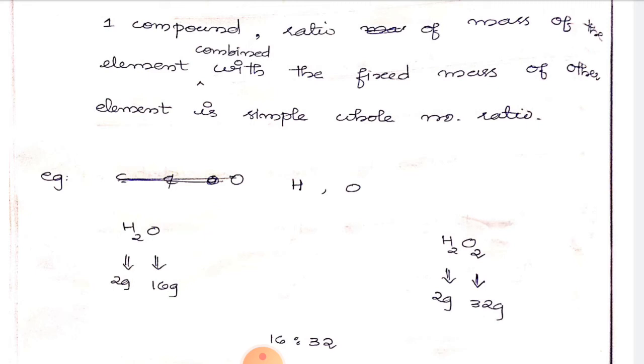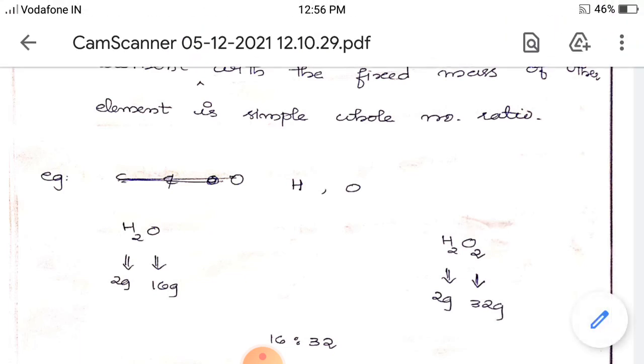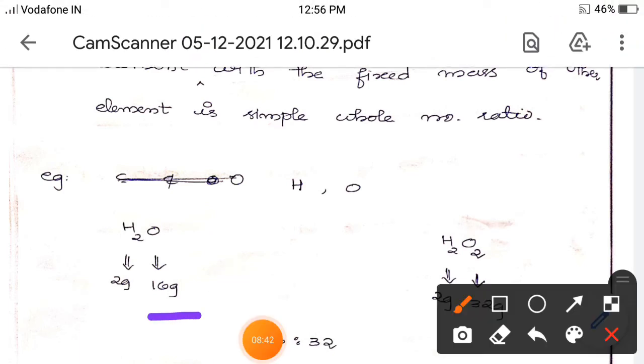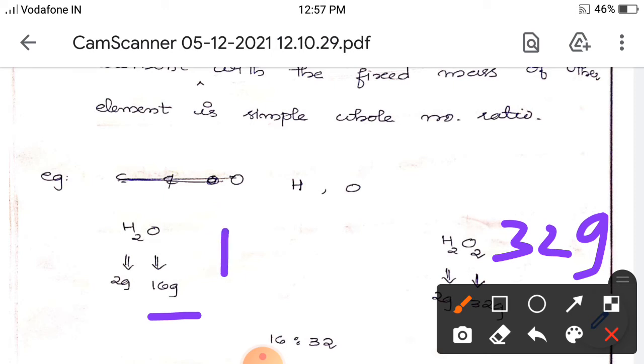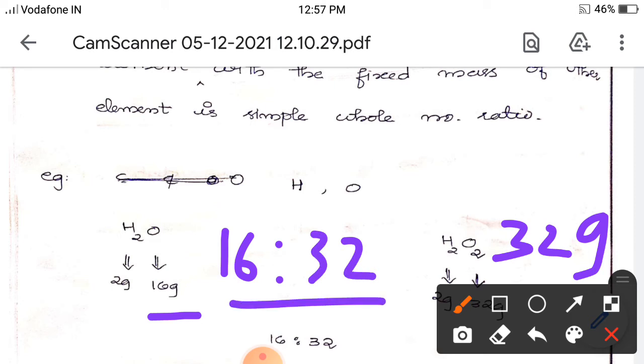Here we are considering the mass of oxygen. Mass of oxygen is 16 gram. Here mass of oxygen is 32 gram. So that is in the whole number ratio, that is 16:32. That is the concept of this law.